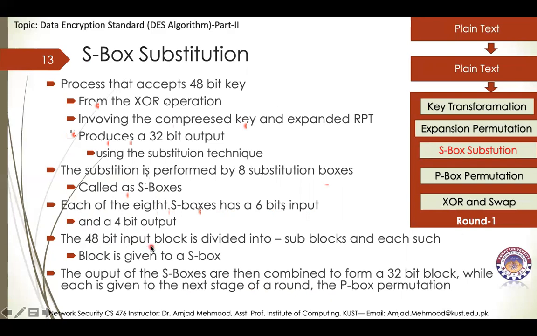The 48-bit input block is divided into sub blocks, and each sub block is given to an S box. The outputs of the S boxes are then combined to form a 32-bit block, which is given to the next stage of the round, the P box permutation.